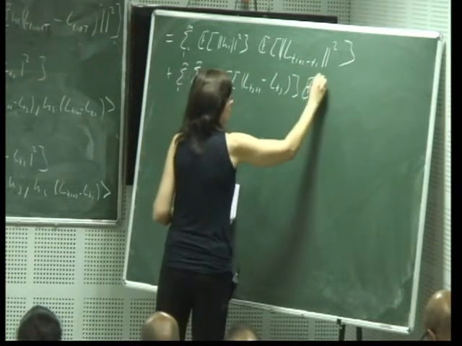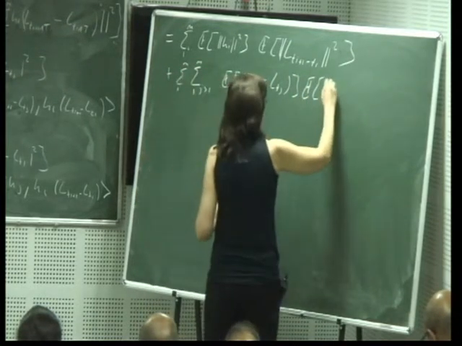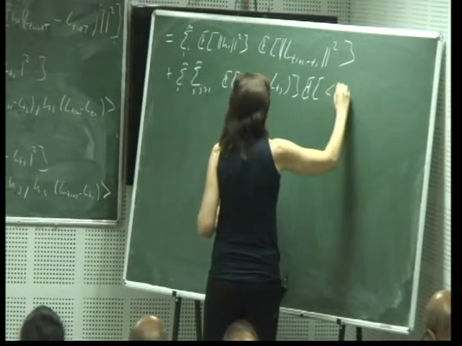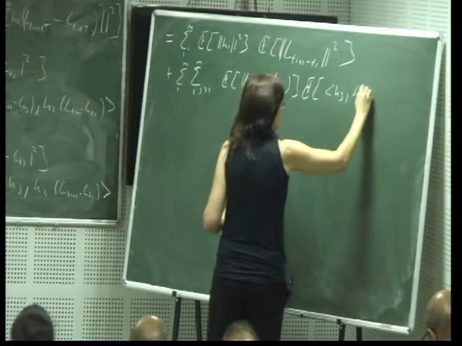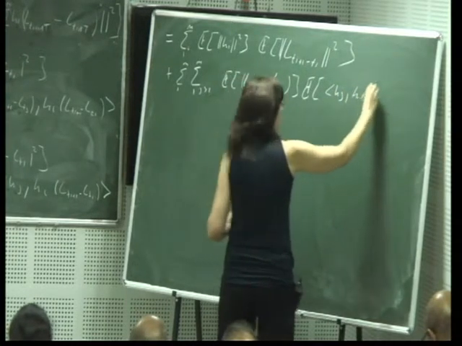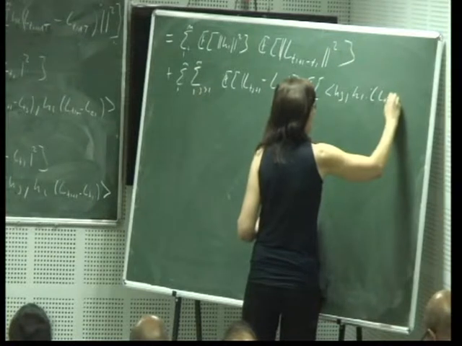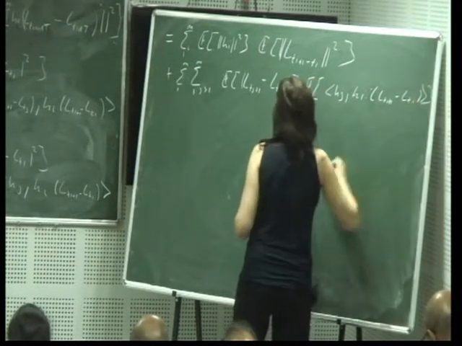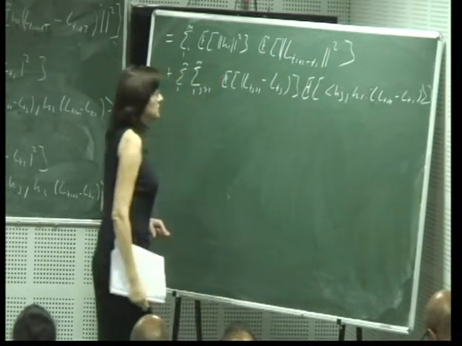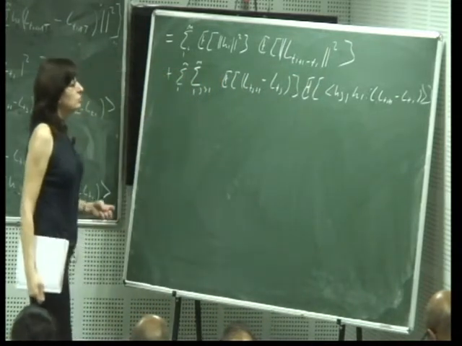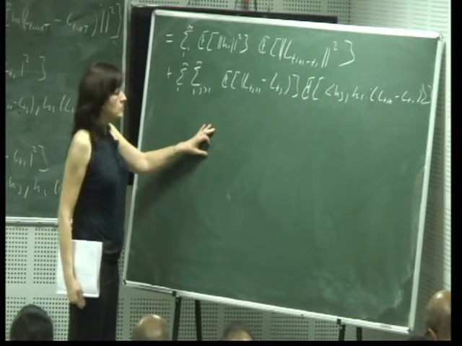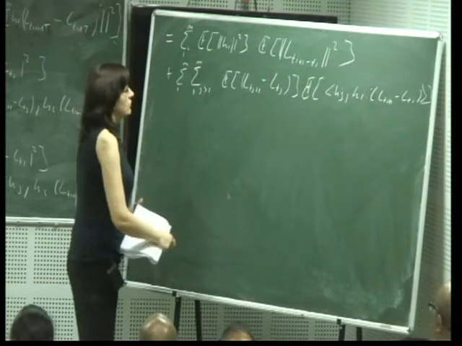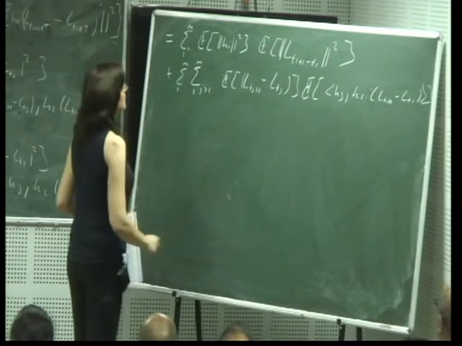And due to the independence, they are uncorrelated, and hence I get here Hj and He and L_{t_{e+1}} minus L_{t_e}. But now for the second term, we see immediately that it is 0 because we assumed our Levy process to be centered. So this expectation is in any case 0.